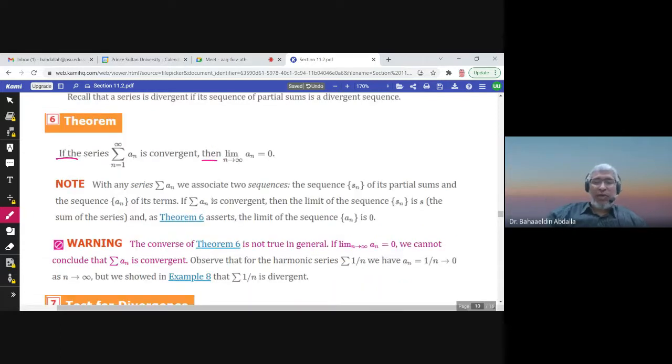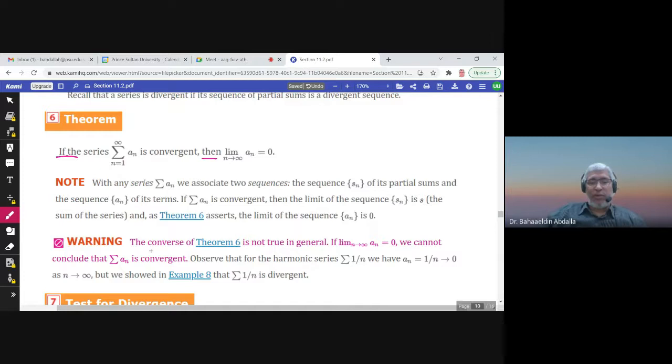And by the converse we mean that if the limit is 0, this doesn't mean that the series is convergent. If the limit of an is 0, we cannot conclude that the series is convergent.